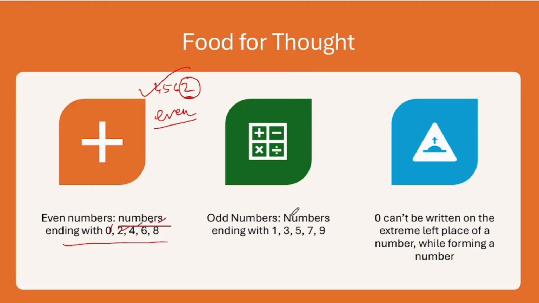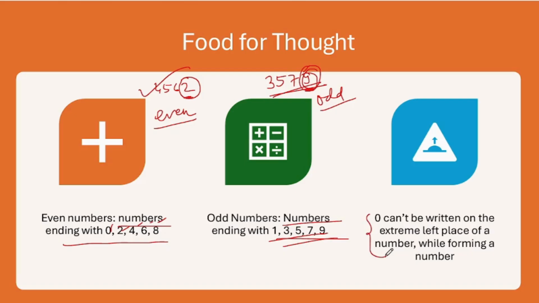Likewise, if the number is ending with 1, 3, 5, 7, 9, then it will be an odd number. Let's say the example 3579. Which digit is at the ones place? 9. So any of these digits, if it is there at the ones place, it means that it will be an odd number.